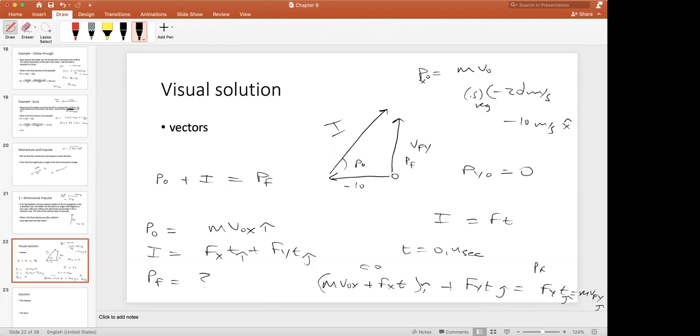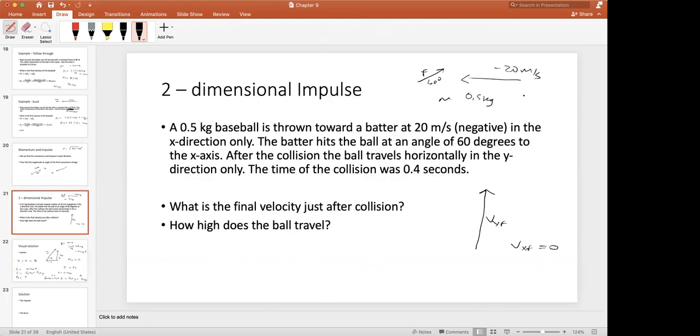But what I want to show you is that's a fancy way of stating that as the ball came in, the batter hit it with enough momentum to just cancel the momentum that it had going from right to left. And he gave it enough momentum to head upward in the y.